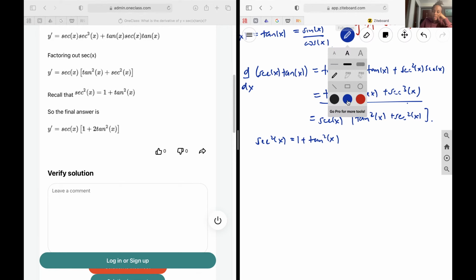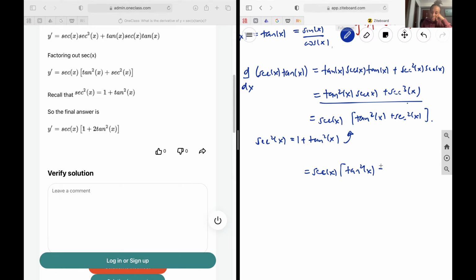And so when I put that in, I will get secant x into tan squared x, and then put in your secant squared x, so plus 1 plus tan squared x. And this will give me secant x into 1 plus 2 tan squared x. And that's going to be it.